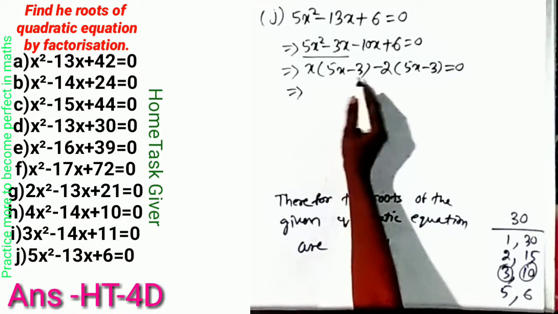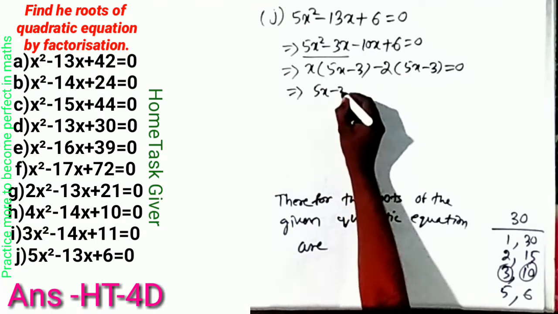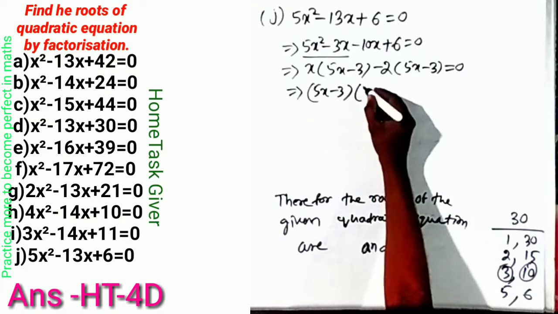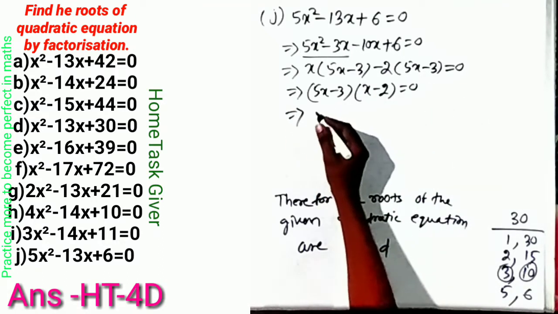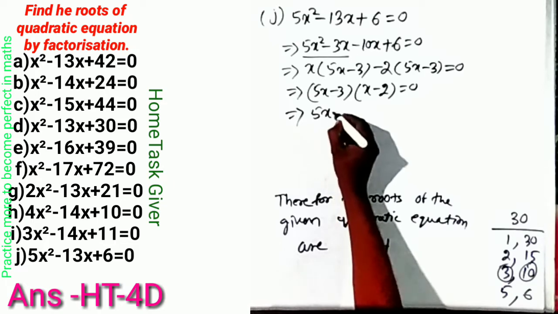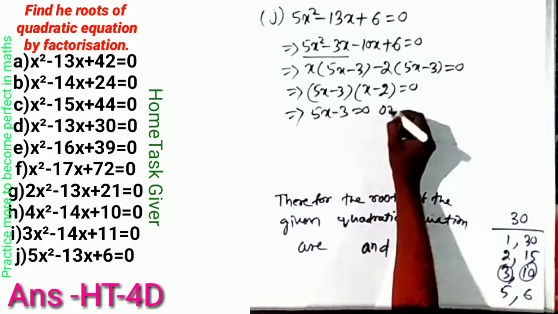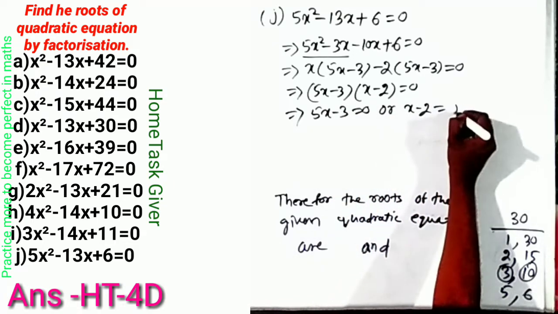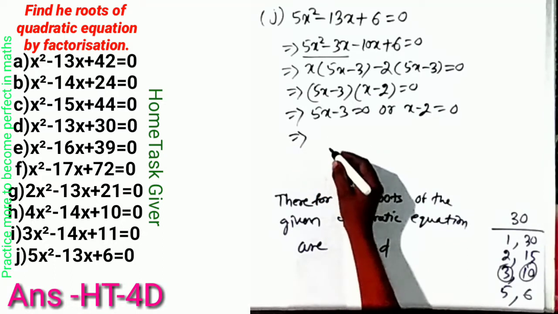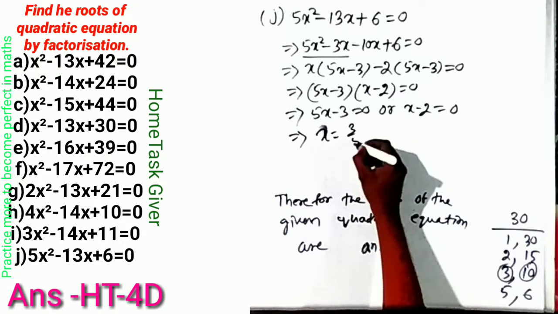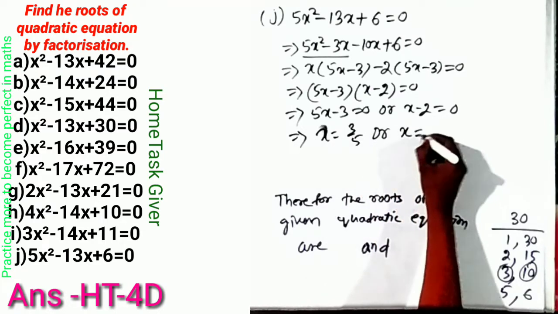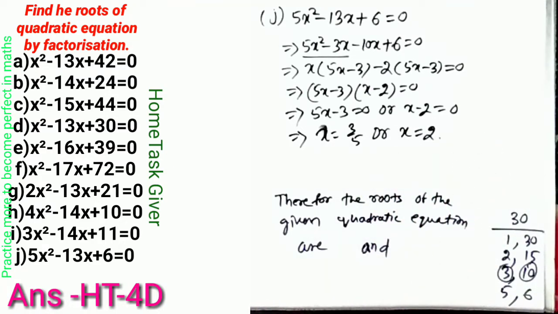Imply that here 5x minus 3 is common, 5x minus 3 common लिया आएगा x minus 2 equal to 0. Imply that 5x minus 3 equal to 0 और x minus 2 equal to 0. Imply that x equal to 3 by 5 और x equal to 2. So therefore the roots of the given quadratic equation are 3/5 and 2.